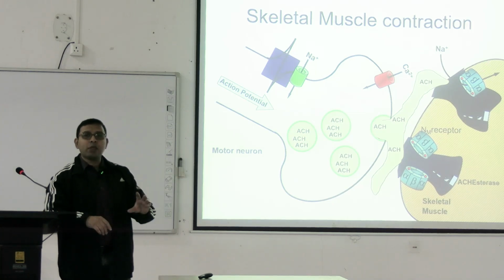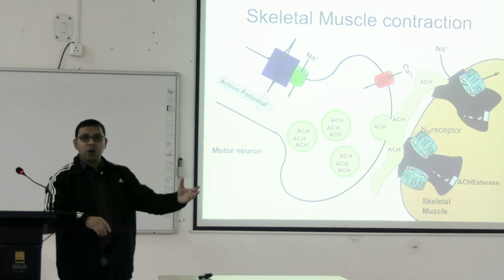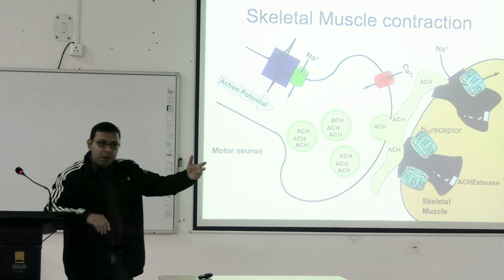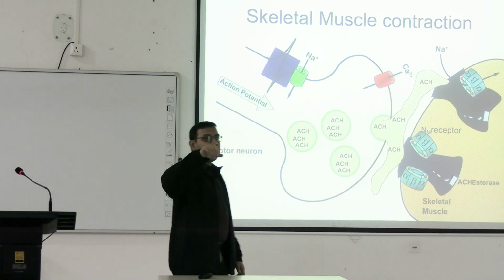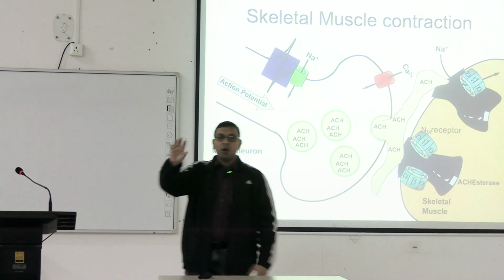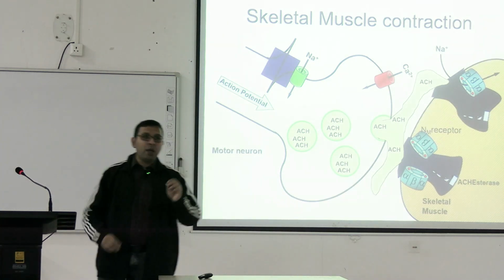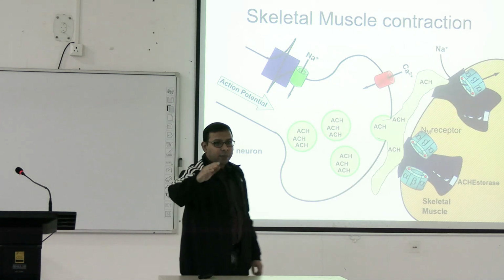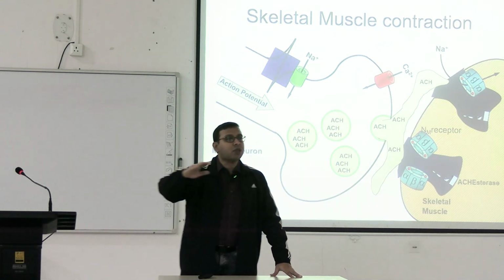So the competitive neuromuscular blocker competes with acetylcholine in the neuromuscular junction to attach to the NM receptors. The NM receptor is a 5-subunit rosette-like structure. In the center there is a sodium ion channel, and when acetylcholine attaches, there will be propagation of the muscle action potential due to propagation of the sodium ion.